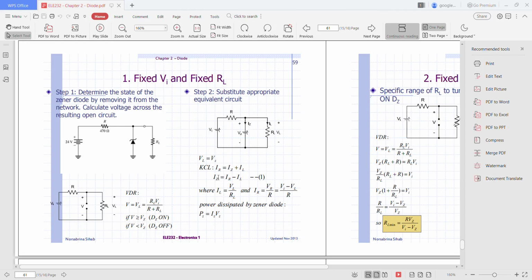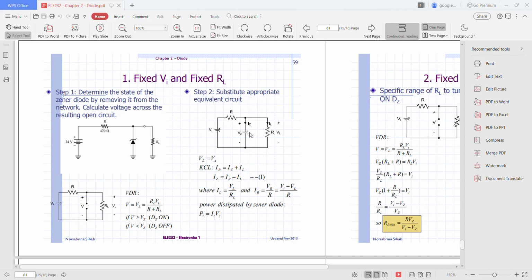So from here you will get IR, the current flowing through resistor R, equal to Iz, the current flowing through the Zener diode, plus IL, the current flowing through the load resistance. So from here you can see Iz will be equal to IR minus IL, where IL is equal to VL over RL and IR equals VR over R.